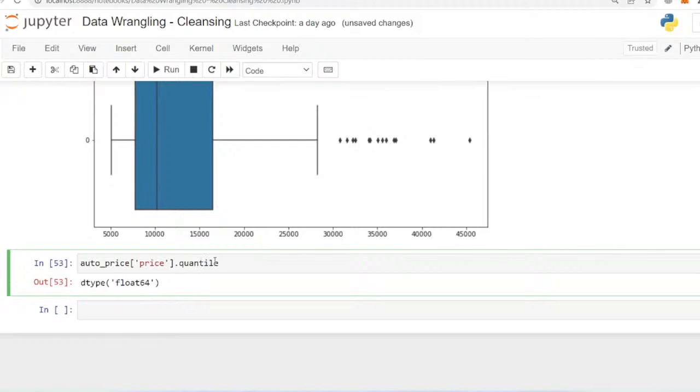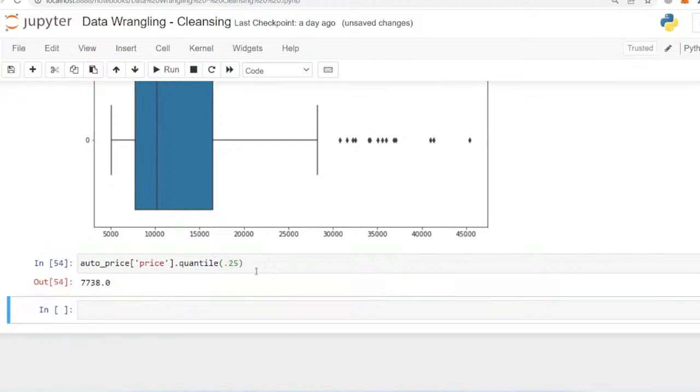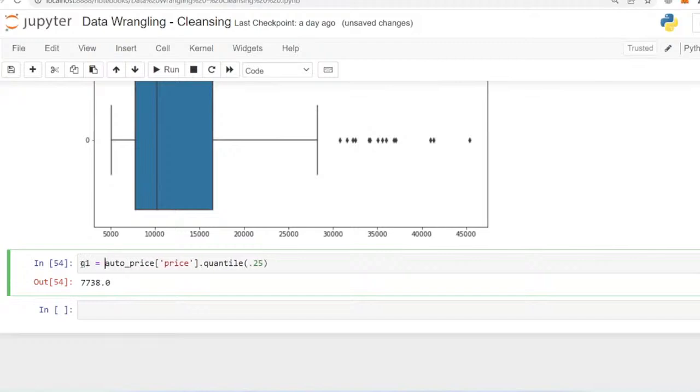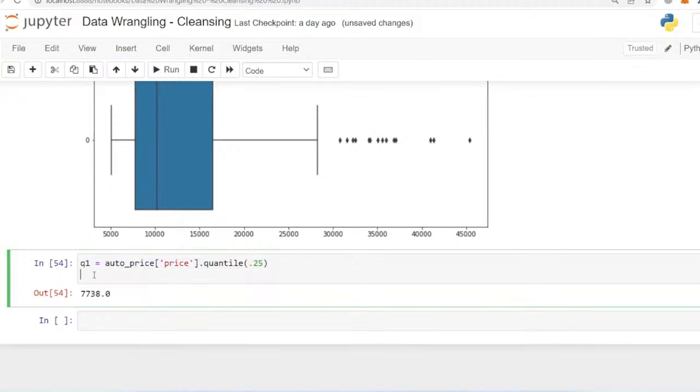Now we call it quartile, but we have a function called quantile. The same quartile thing, and 0.25. What is the other name of this 25th percentile? Quartile first. This is your first quarter, Q1. Next, Q2.